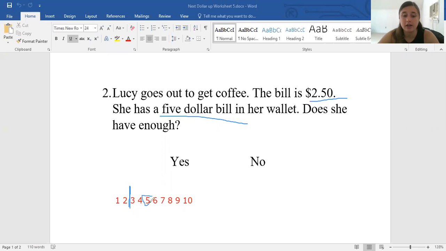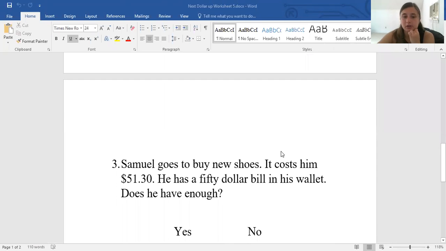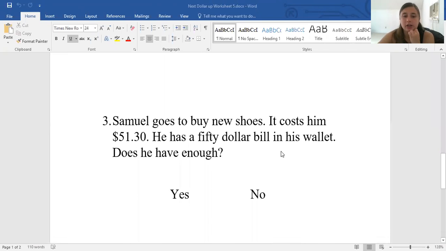And what we have is 5. So in a review from our previous problems, if what we have is larger or further down the number line than what we owe, then we have enough money to cover that purchase. I'm hoping these are getting easier for your students too as we go along and we're able to solve them a little bit quicker.